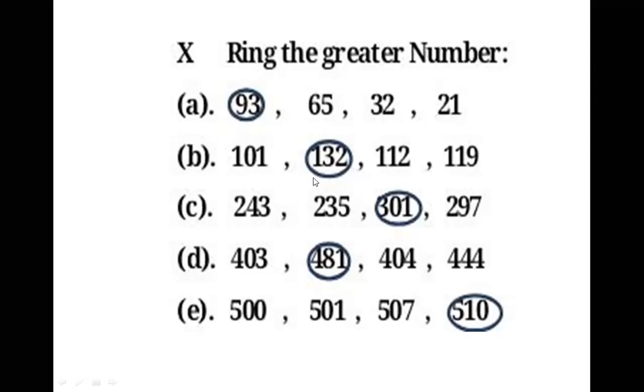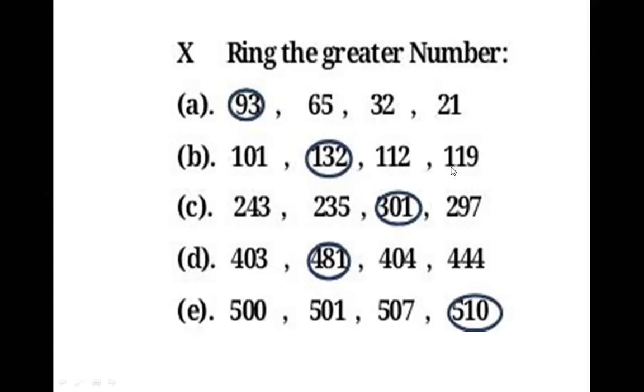See here: 101, 132, 112, 119. Now what I said to you, my dear students, check the first number. Here 1, here also 1, here also 1, and here also 1. Teacher, all numbers are the same.